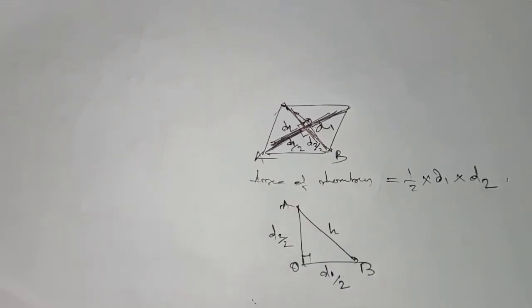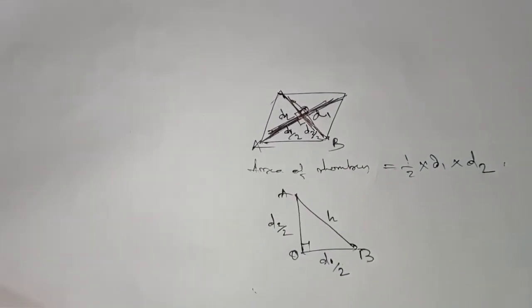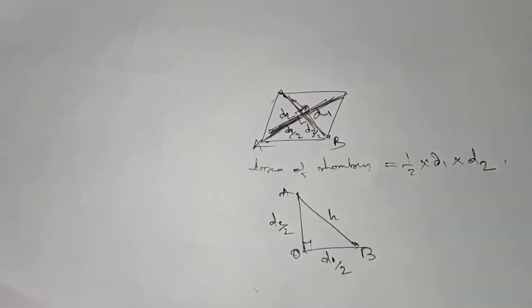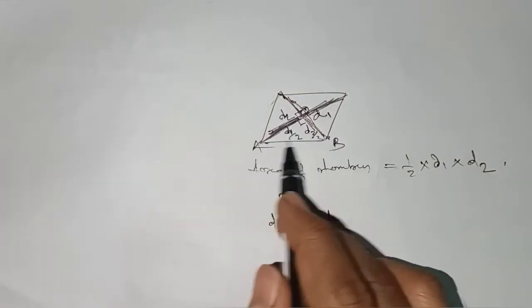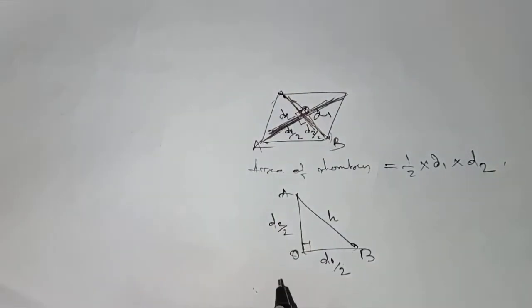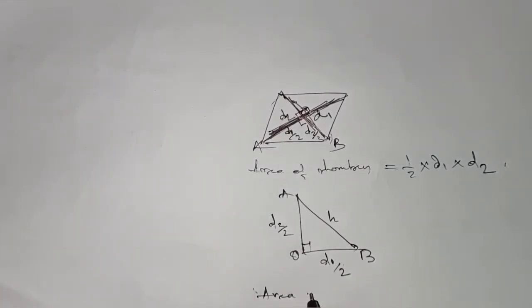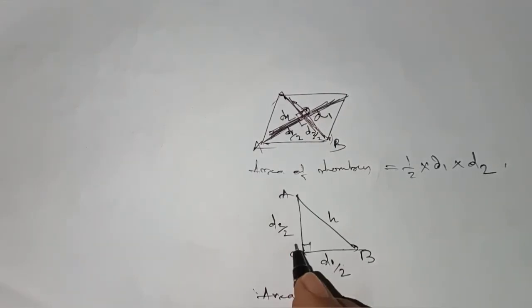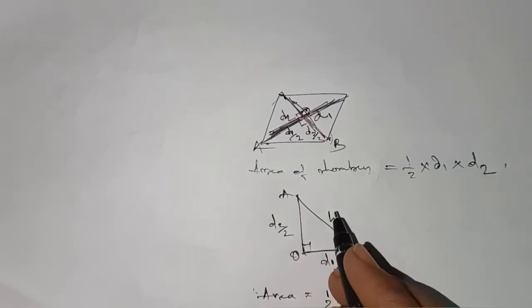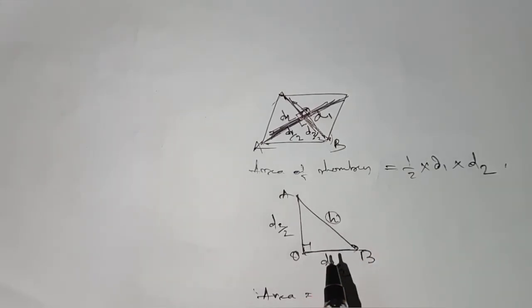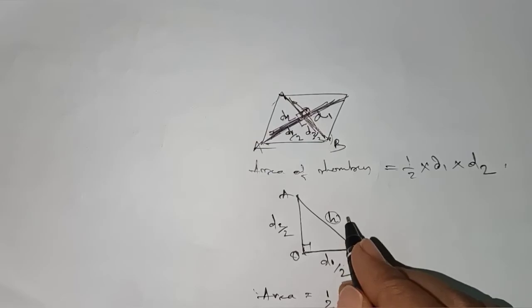Now by Pythagoras theorem, you can find the area of this triangle. So area of this triangle would be what? This is your half. As it is a right angle triangle, we don't need h here, remember.